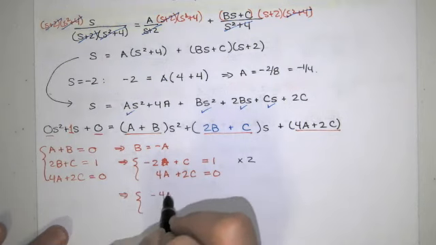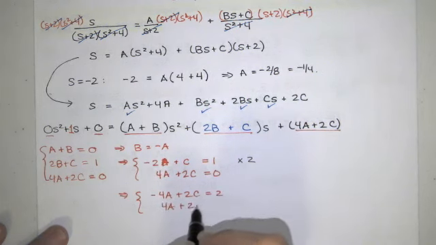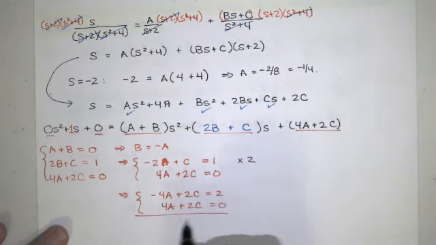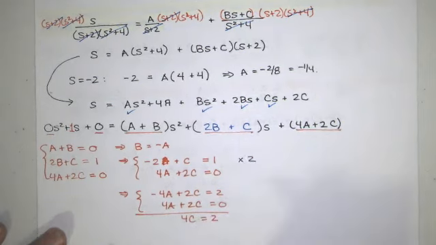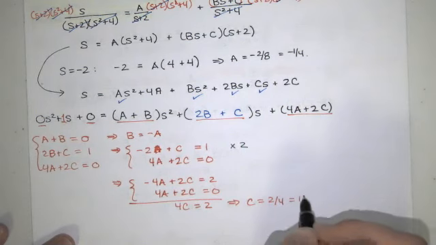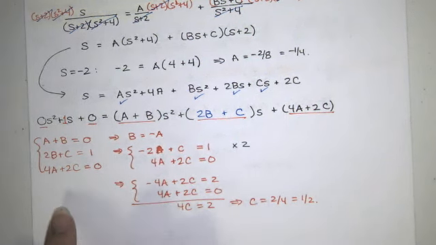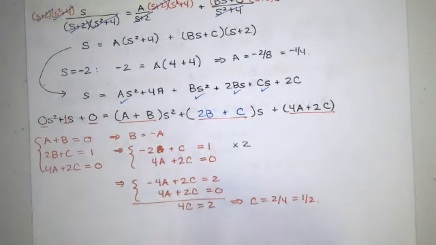So I have negative 4a plus 2c equals 2, and 4a plus 2c equals 0. If we add, we get 4c equals 2. And that means that c equals 2 over 4, which is 1/2. Okay, if c is equal to 1/2, then we can use that to find either a or b.